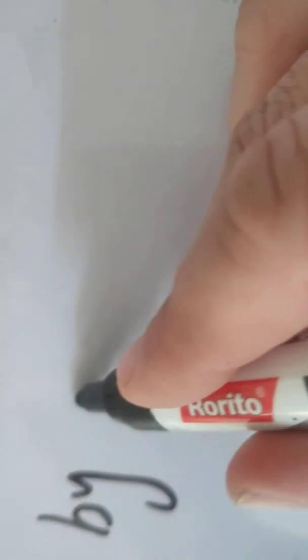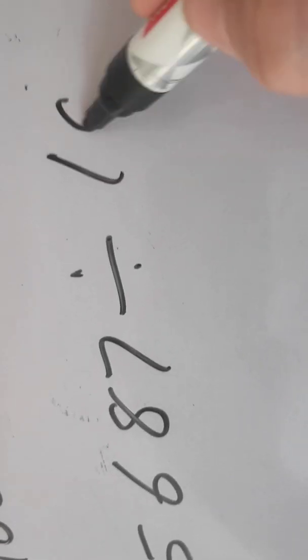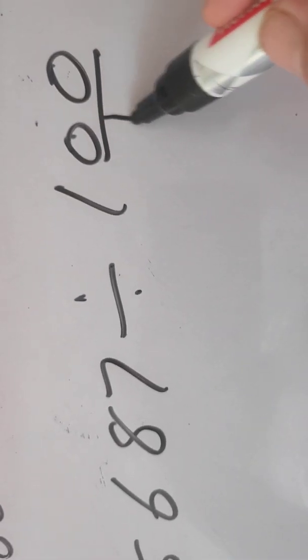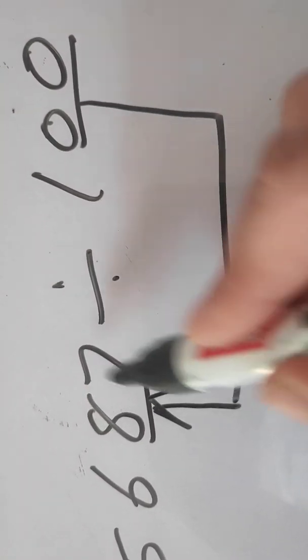What happens when we are going to divide by 100? The question is 25,687, we are going to divide by 100. So in 100 there are 2 zeros. So from the dividend also, the extreme right side 2 digits will become the remainder.